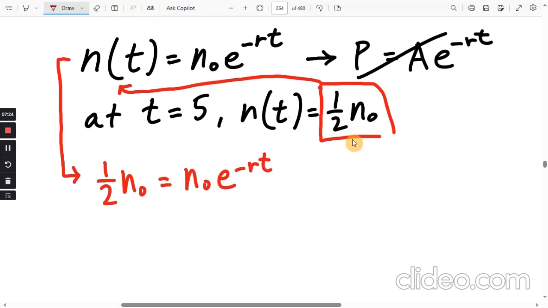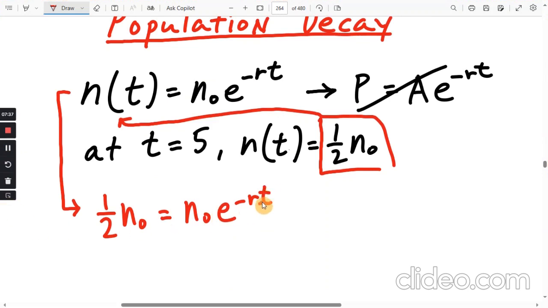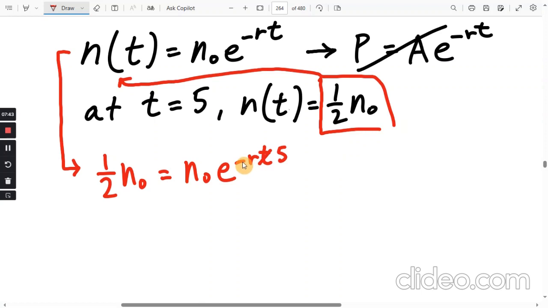For the time t, we're plugging in t equals 5, so let me cross out the t and write a 5 here. We're solving for r, the exponent. The r is in the exponent of e, and that exponent is not applied to the N sub 0, so we need to divide both sides by N sub 0.